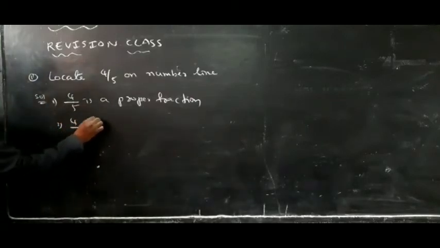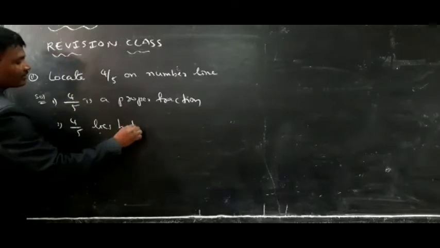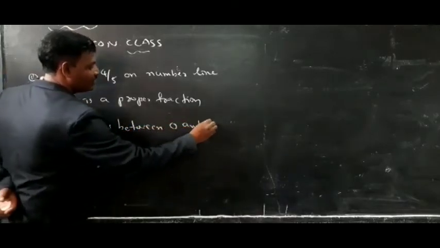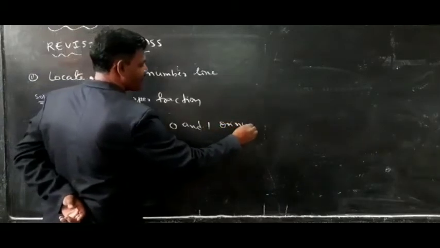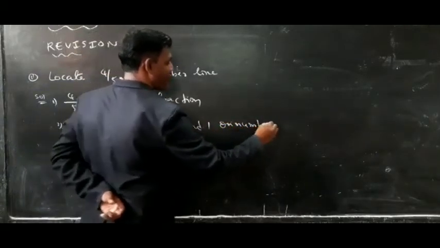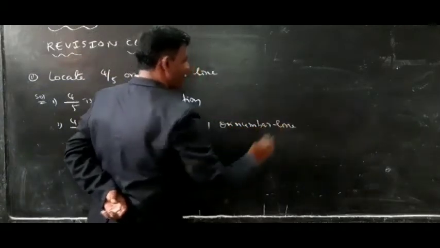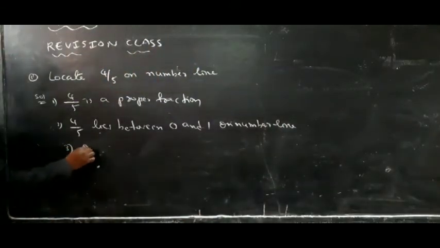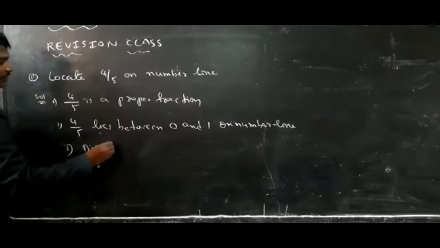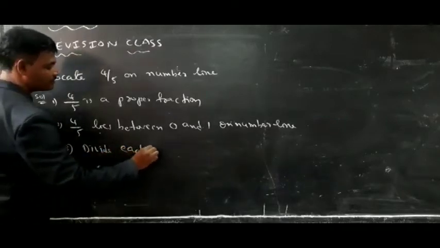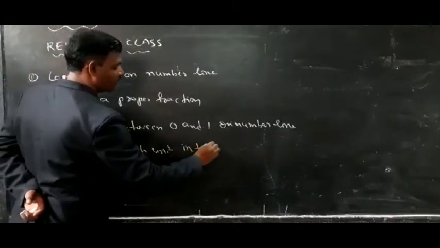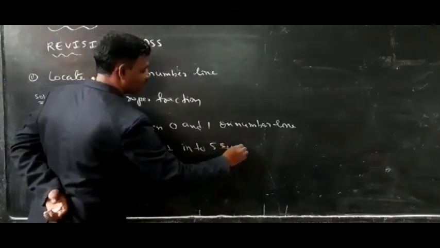4 by 5 lies between 0 and 1 on number line. Third, divide each unit into 5 equal parts.